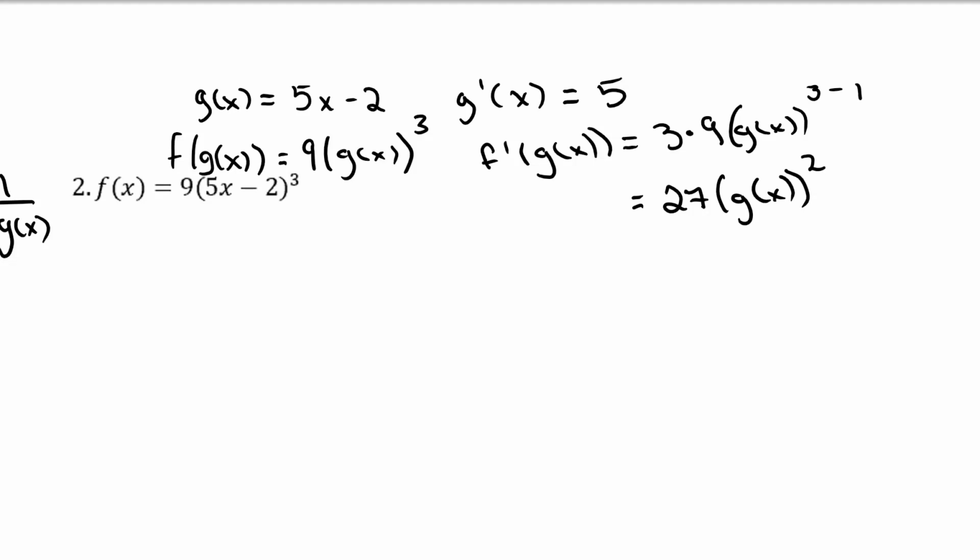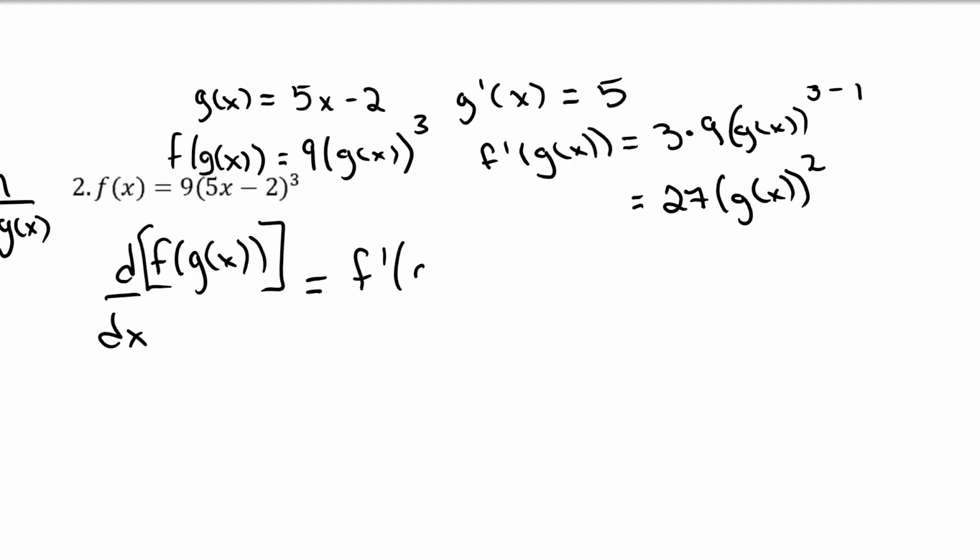So our derivative overall is the product of these two. That's what our chain rule says.